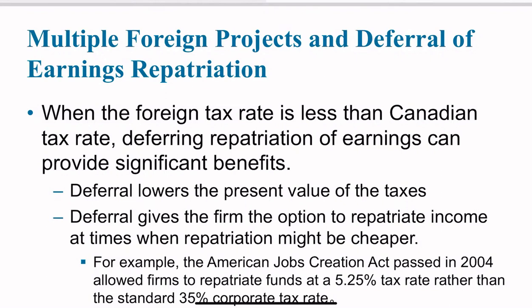And of course, you have to understand how to calculate the tax rate if a domestic firm pools together these foreign incomes. And then the second result is if the foreign tax rate is less than the domestic tax rate, then the domestic firm will have the incentive to defer repatriation of foreign income.